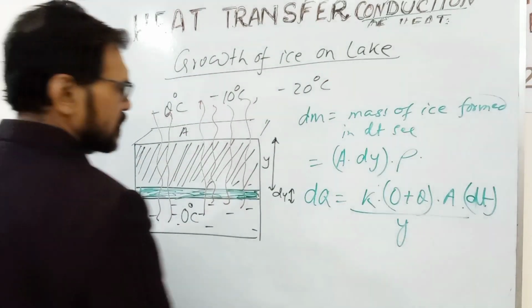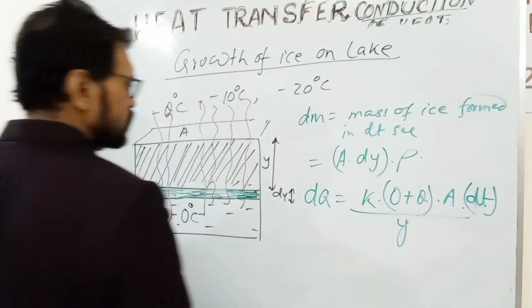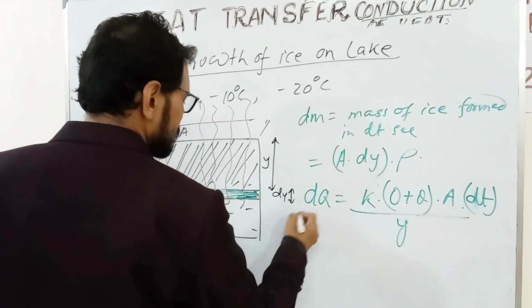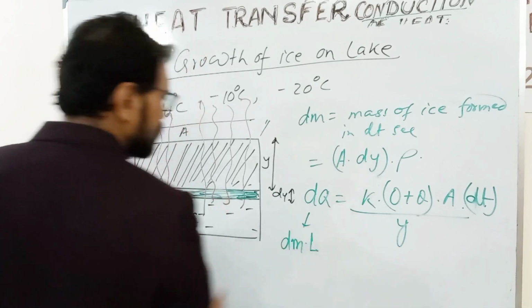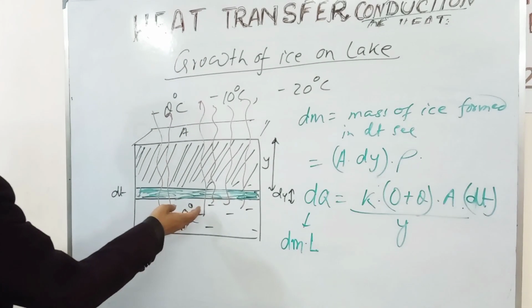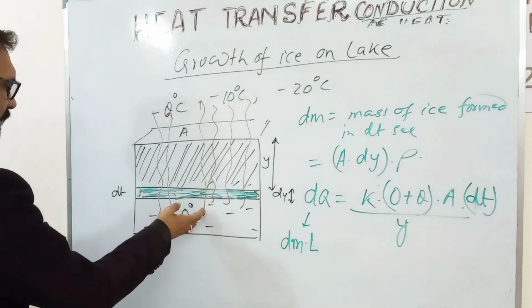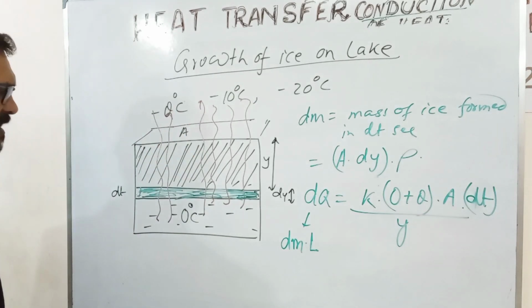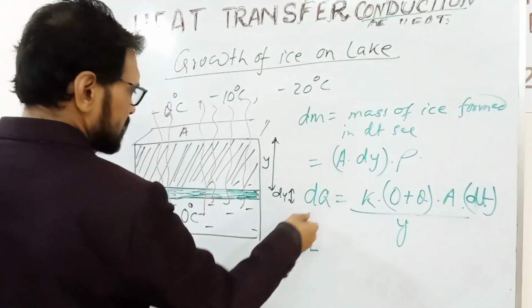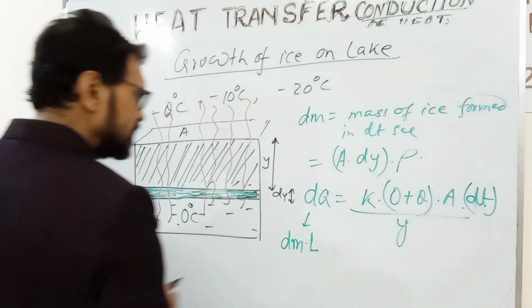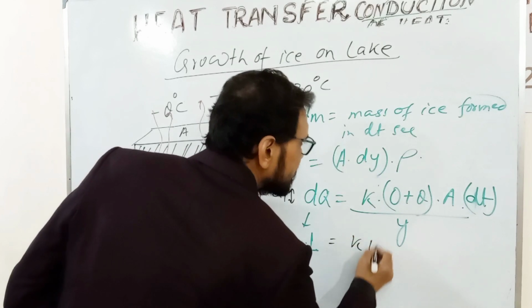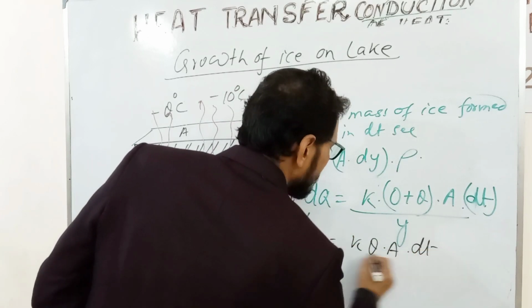Now what is the value of dq? dq will be mass into latent heat. We know that to convert 0 degree centigrade water to 0 degree centigrade ice, the heat rejected should be mass into latent heat. So dq will be mass into latent heat. So this equals k theta A dt by y.